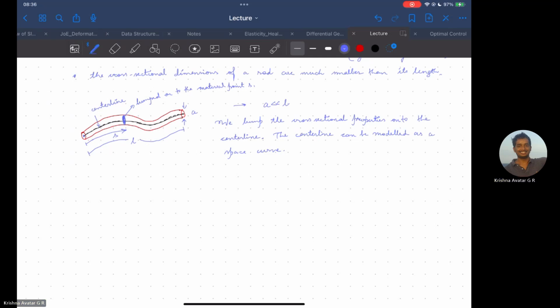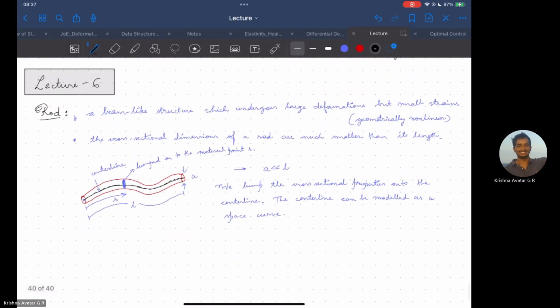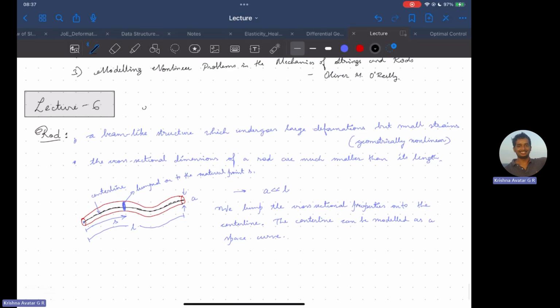Now let's define the kinematics of our problem. I'll just call it mechanics of rods, or rod theories.